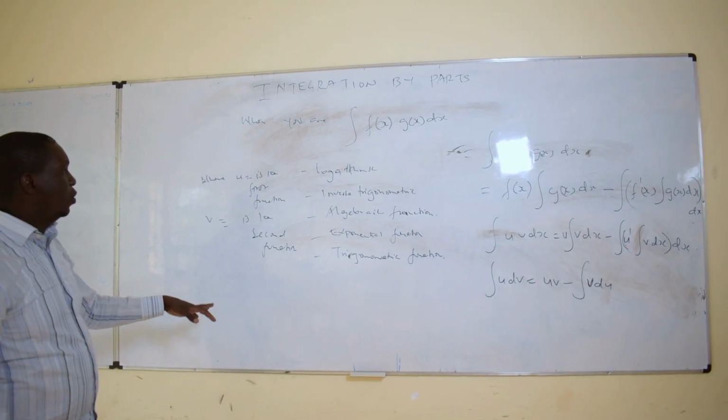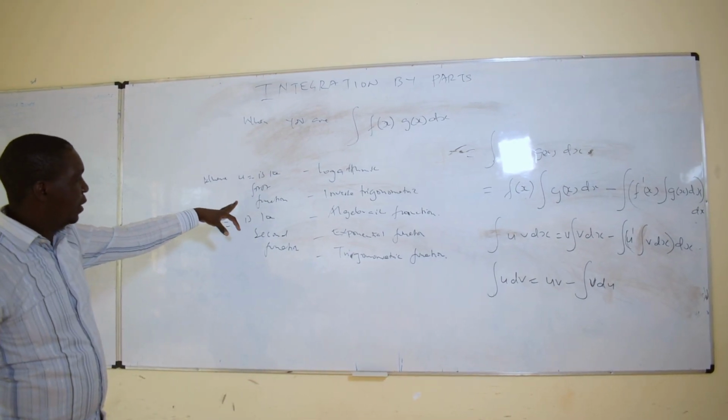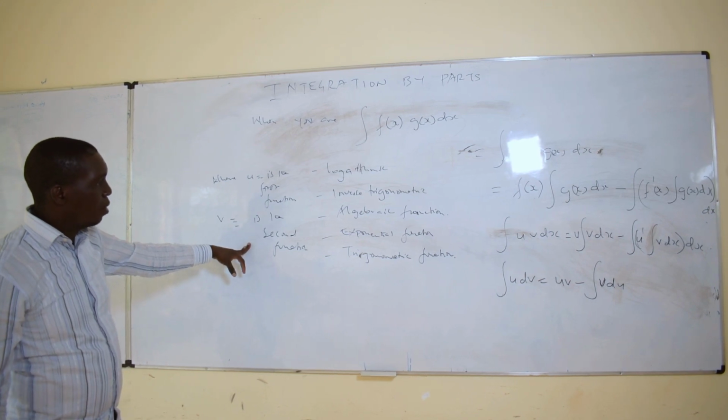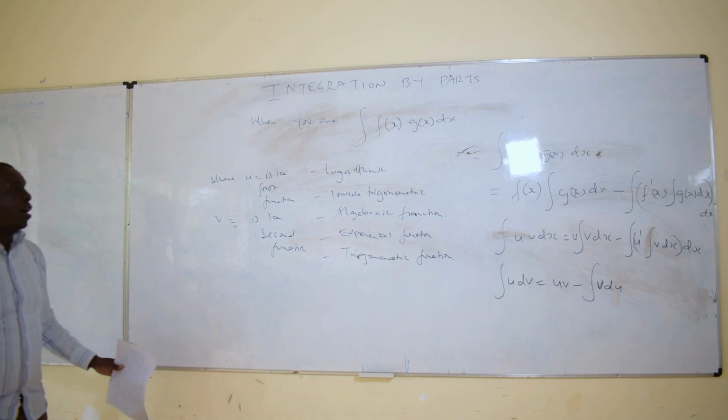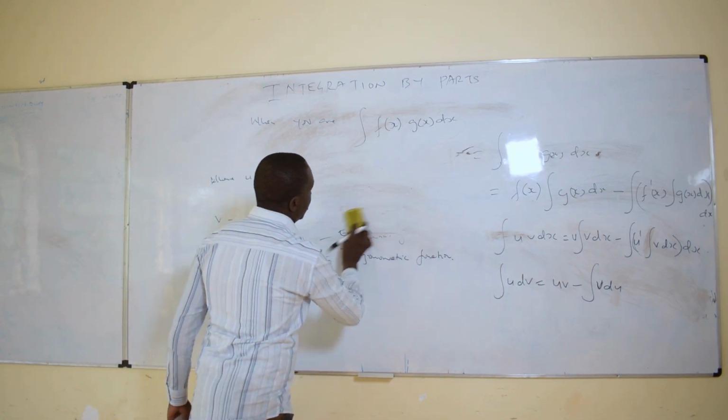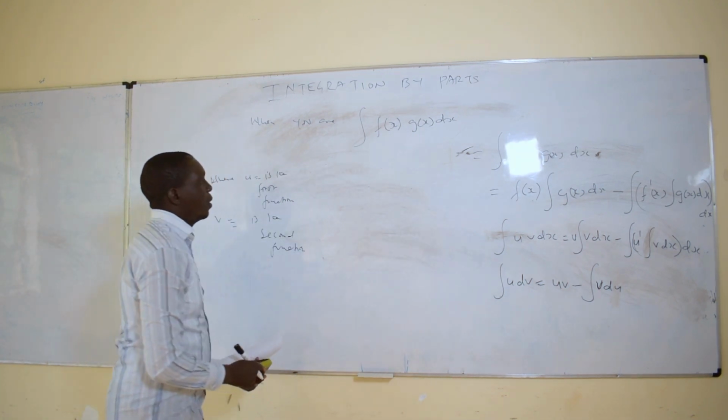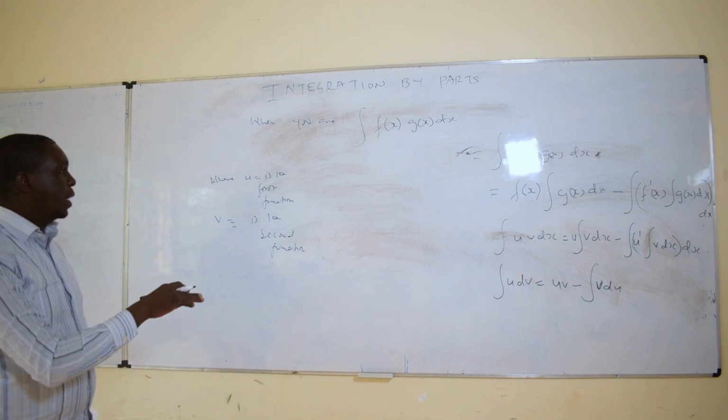Now, when choosing u or v, we need to look at the order in which the functions appear.